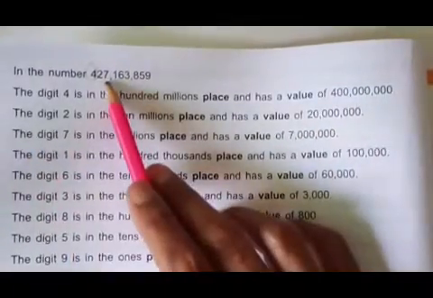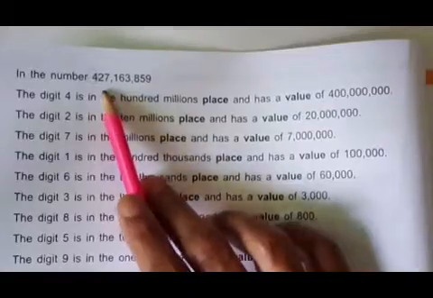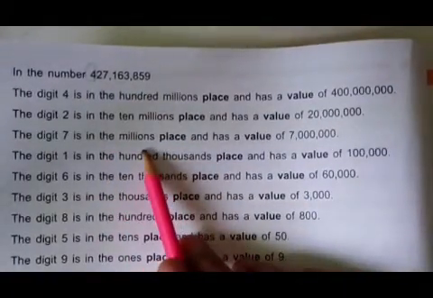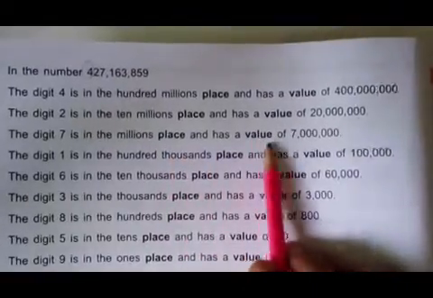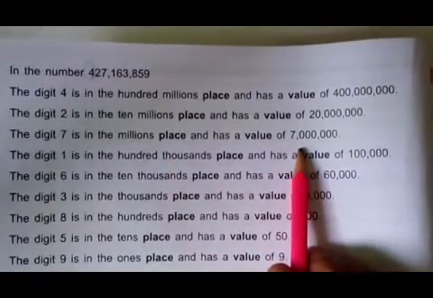7 is on ones million. You can also write that 7 is on the millions place having the value of 7 million.